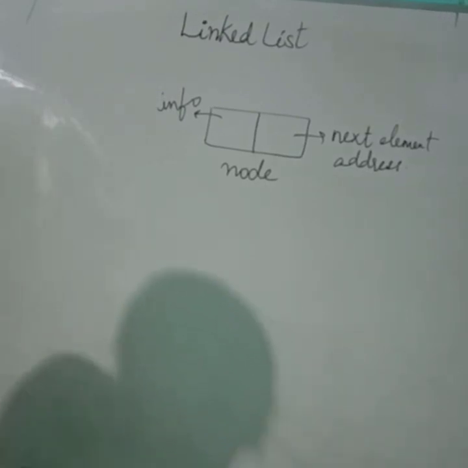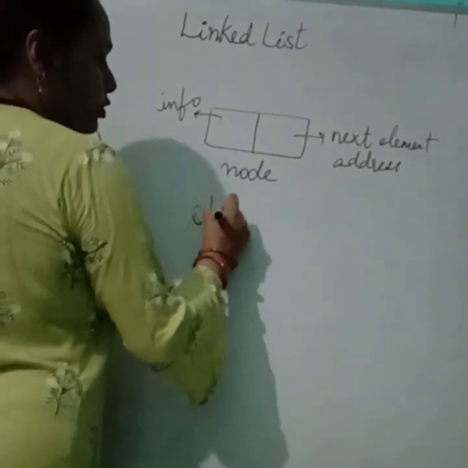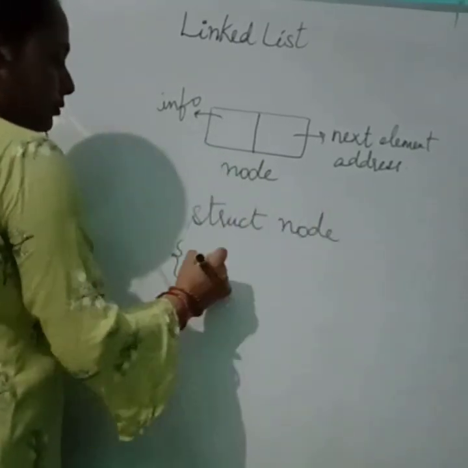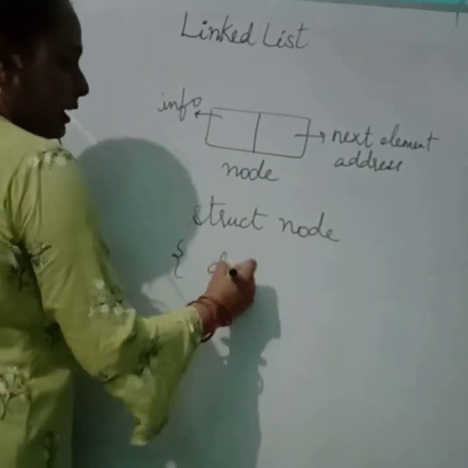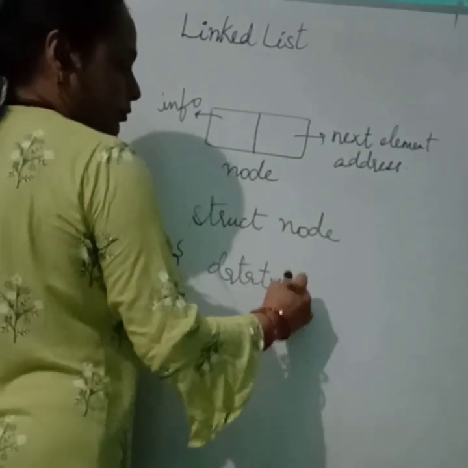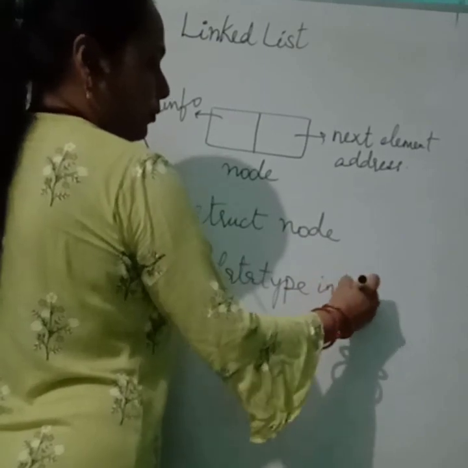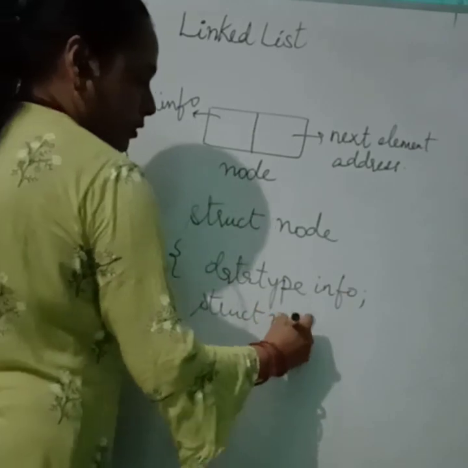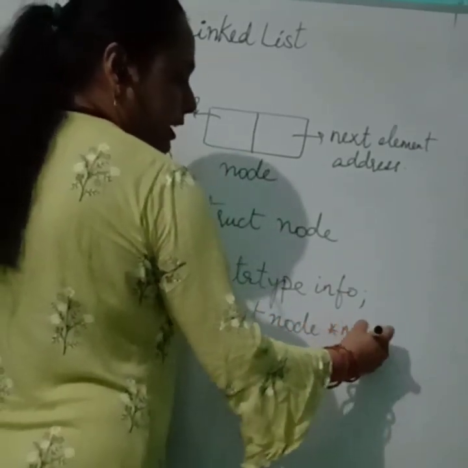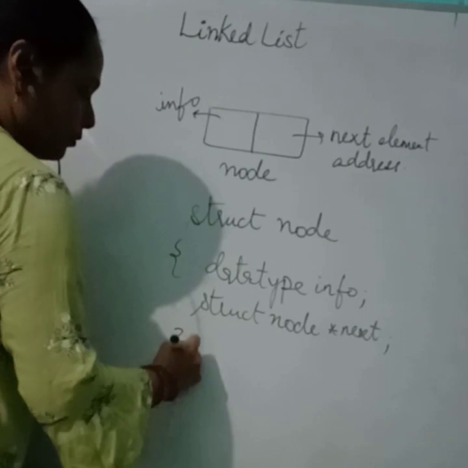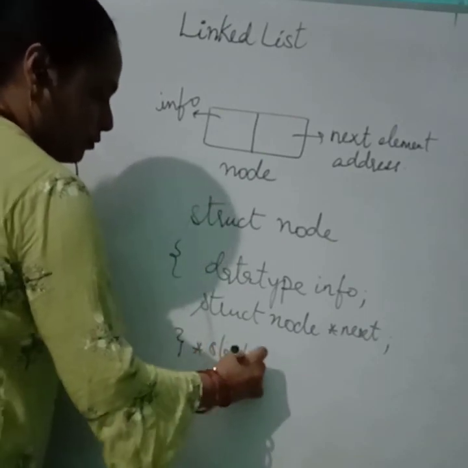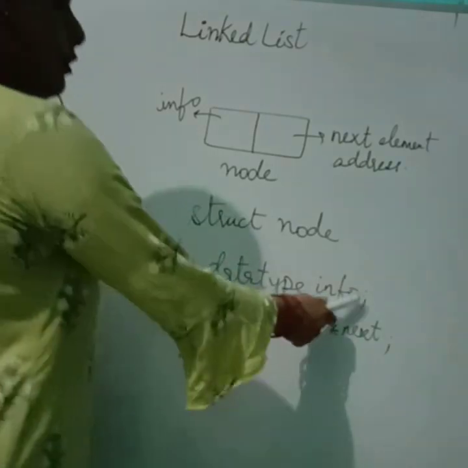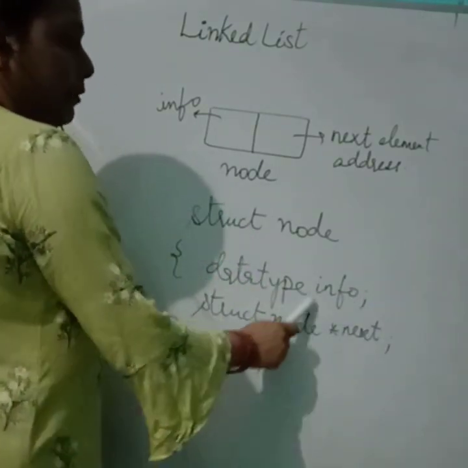Now, how we will define the structure of node? So, for structure of node, we will write struct node, data type info, struct node asterisk next, start, which means we are defining the information part in whatever data type we want it.